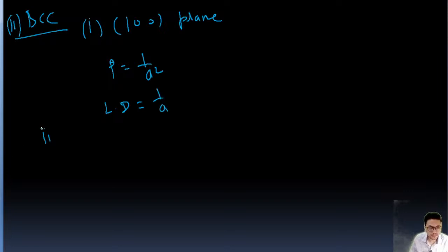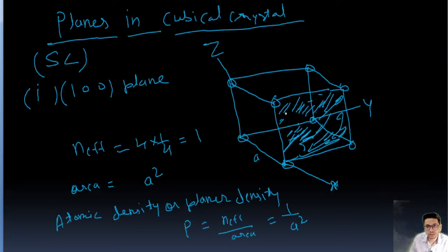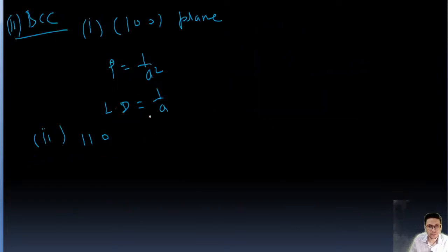Second, for the 110 plane I have already explained. This is the 110 plane, this is the 100 plane, and this is the 111 plane. So for this plane, rho is going to be, this is an important result, 1 by 4 into 4 plus 1.